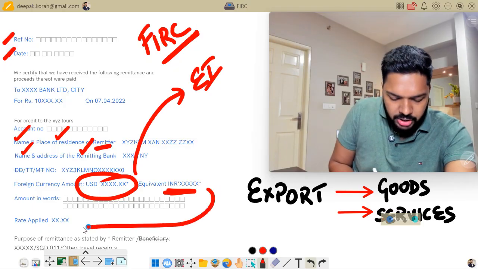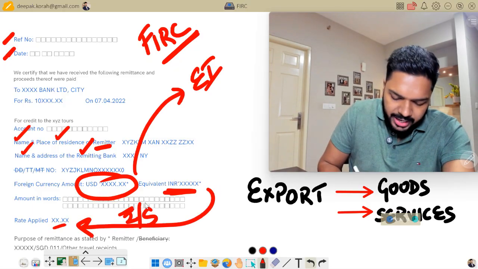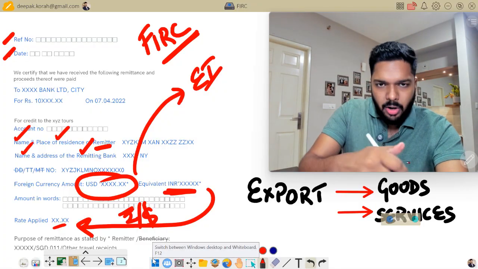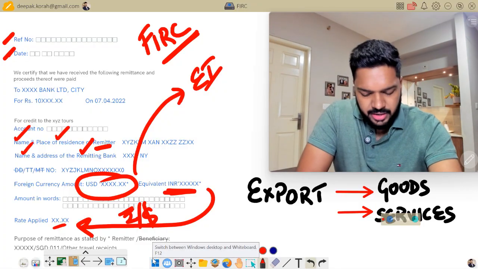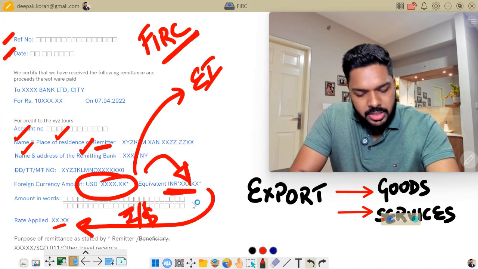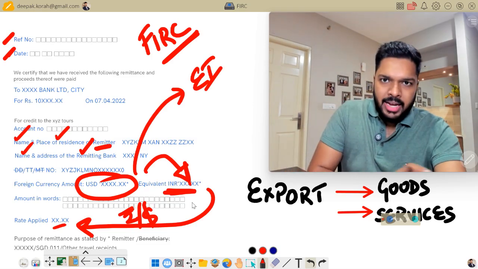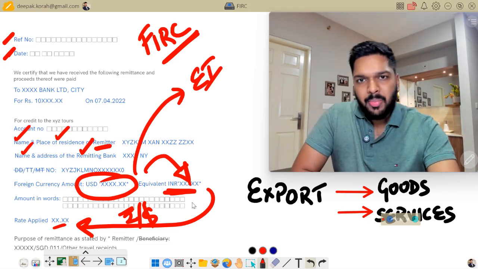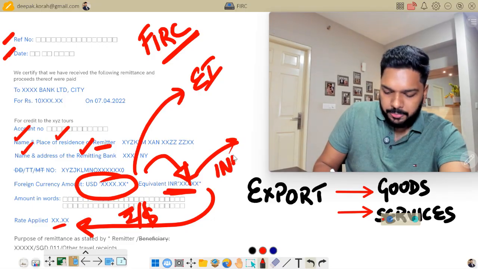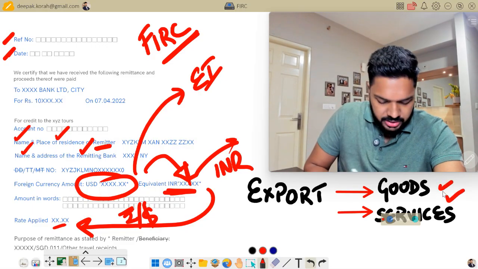It is based on the rate being applied, whether it is rupees by dollar or whatever, the rate being applied by your bank on the date in which the foreign remittance is received, and then it is converted into equivalent INR. So this certificate gives you all the details required to understand how much of money has come in, how much of money will finally get credited to your bank account in terms of INR. And this is generally for export of goods and services.